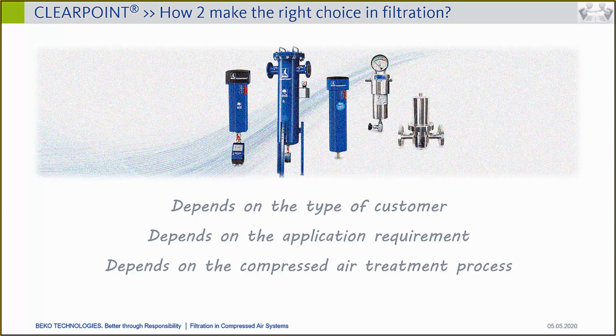As shown in the example before, it's a different scenario if I have a carbon tower, which needs to be prepared with an S filter, or if I have just a regular treatment process for a workshop area. So these are some of the topics that might need to be considered when making the right choice in filtration processes.